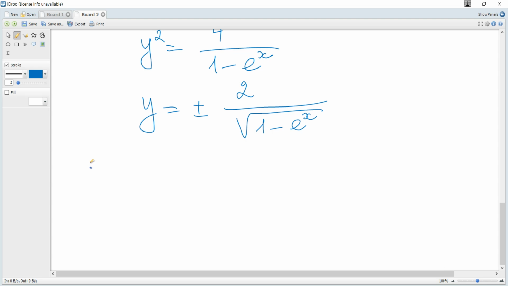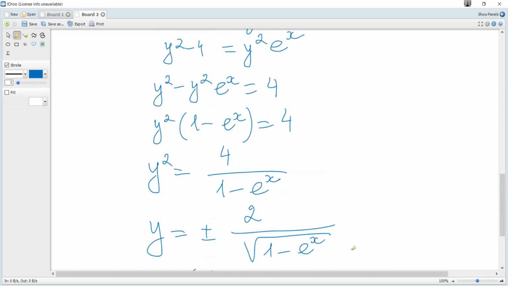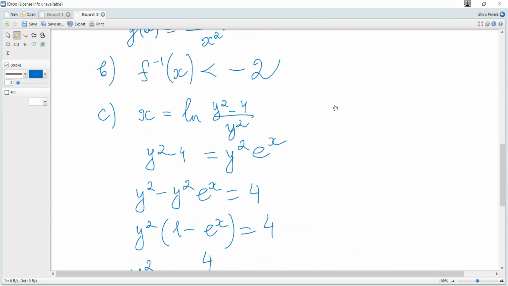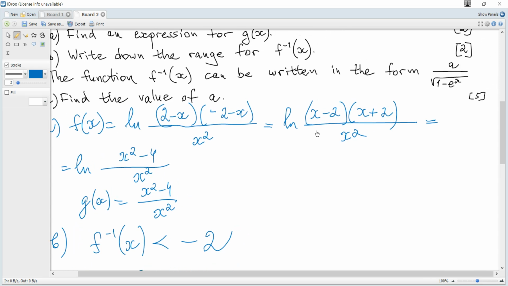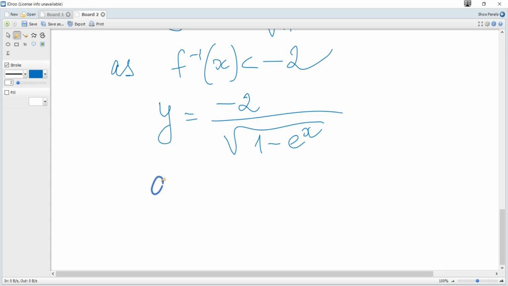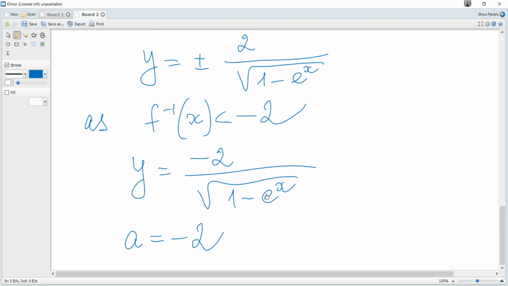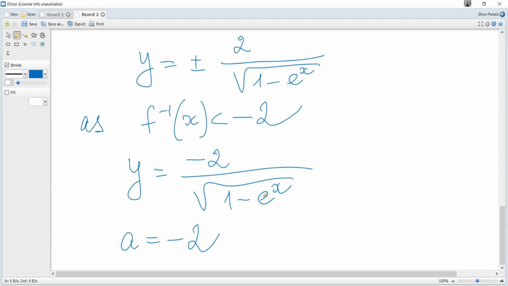So as the range of the inverse is less than -2, y is -2 over square root. Hence, the required a is -2. And that's all for this question.